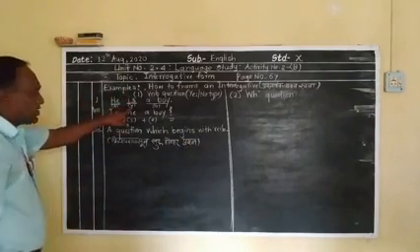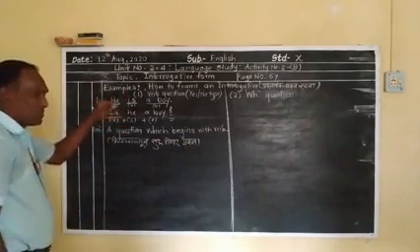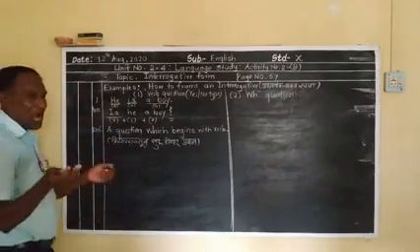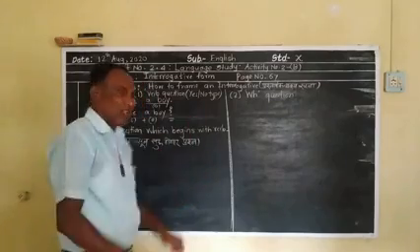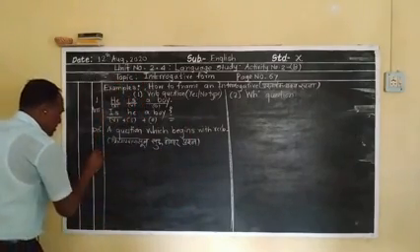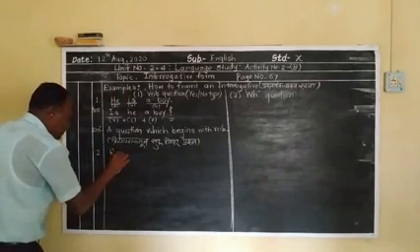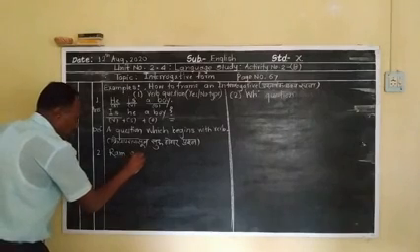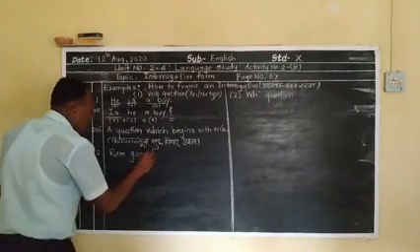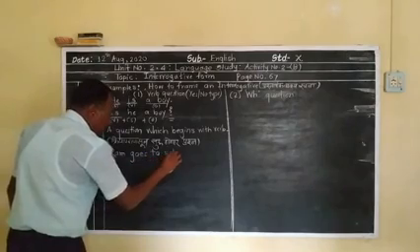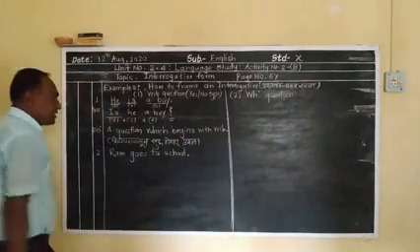Here the verb is already given, but sometimes the verb is not given. That time, how to frame an interrogative sentence? Let's see, student. Ram goes to school. It's a sentence, student.